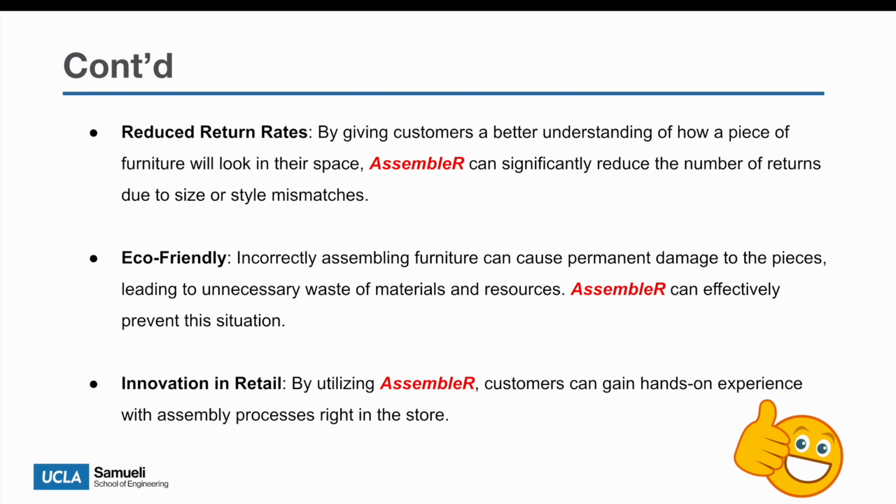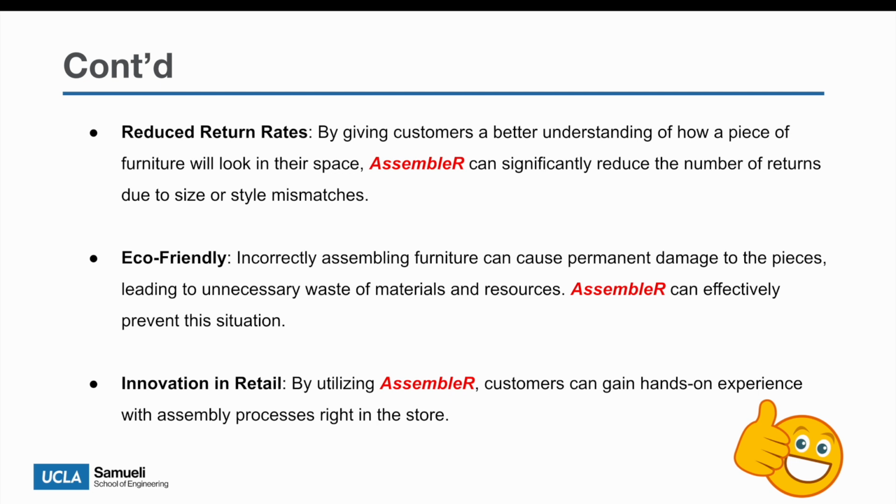Furthermore, we identified 3 potential impacts. The first one is that Assembler can significantly reduce the number of returns by giving the customer a better understanding of how a piece of furniture will look in their space.